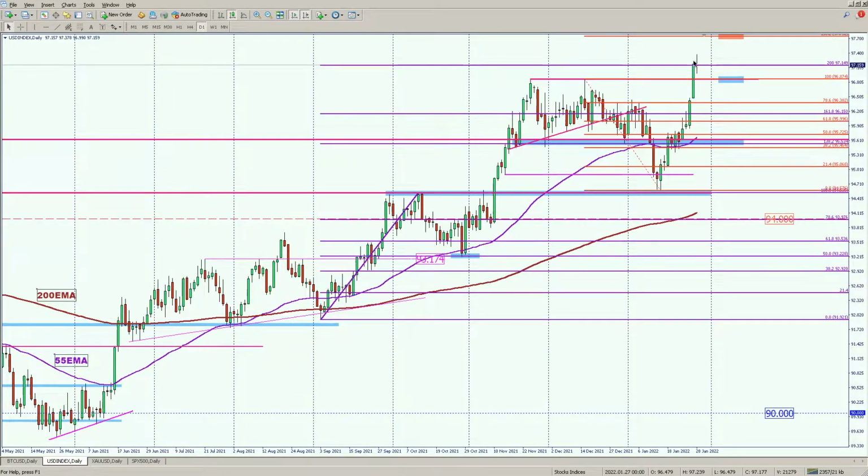If it does dip below the support, there is still significant support at the 78.6 or the 21 FIB retracement of this swing move, going back up.